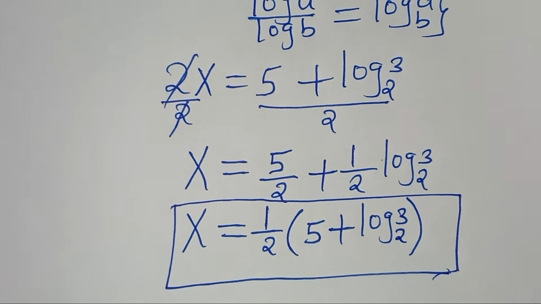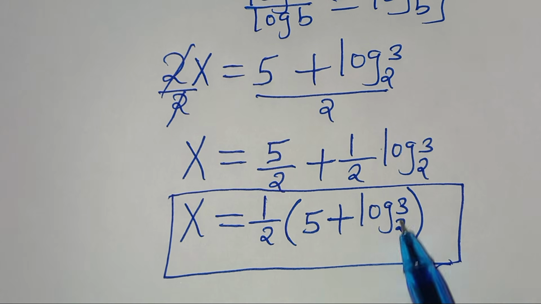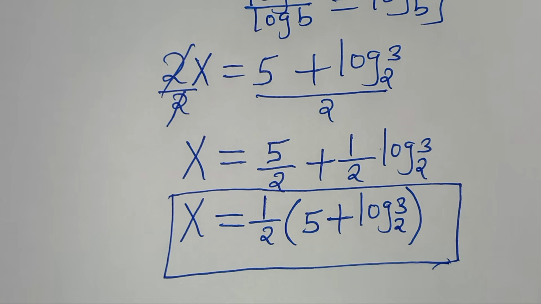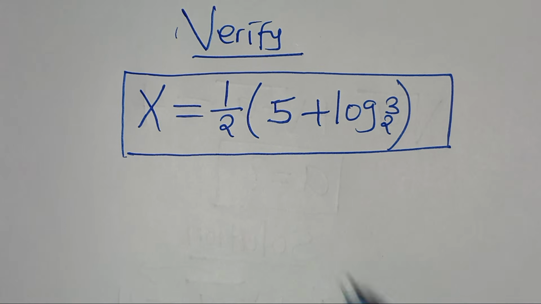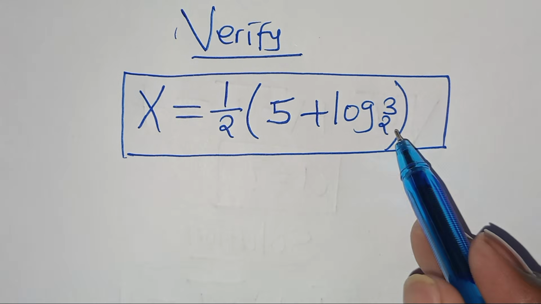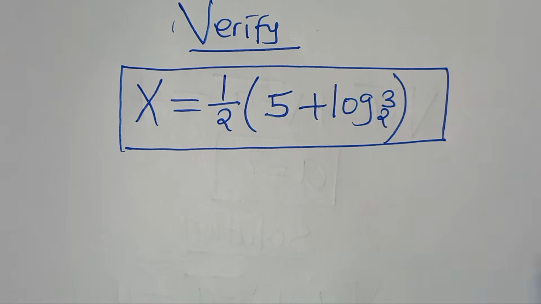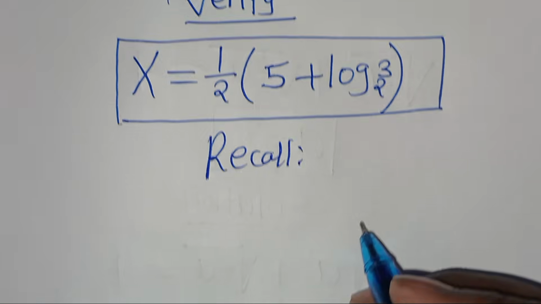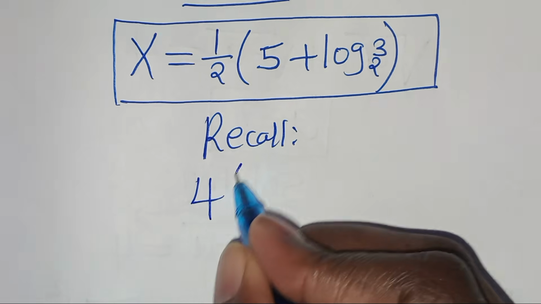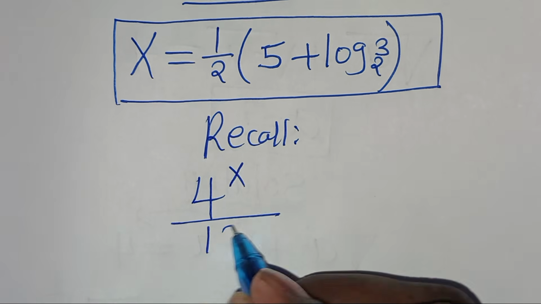The next step is to verify that this value of x here satisfies the equation. Now if you recall, we have 4 to the power of x divided by 12.